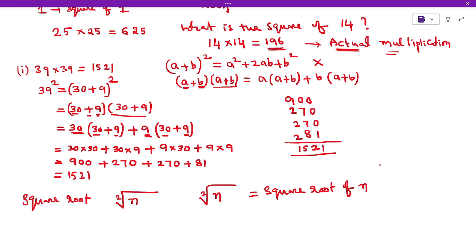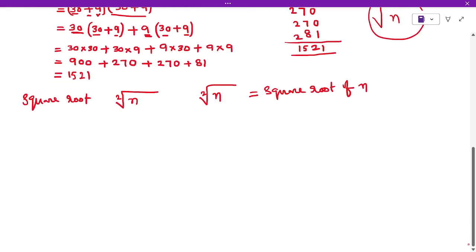So this is the symbol for the square root. But how will you find it? Come back to the discussion we had. You take a number, then multiply with the same number, and you get a number 4, right?